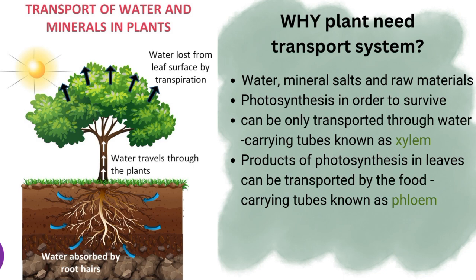Water and mineral salts from the soil are transported into the plant through the roots and can only be transported through water-carrying tubes known as xylem. The product of photosynthesis in the leaf can be transported by food-carrying tubes known as phloem.